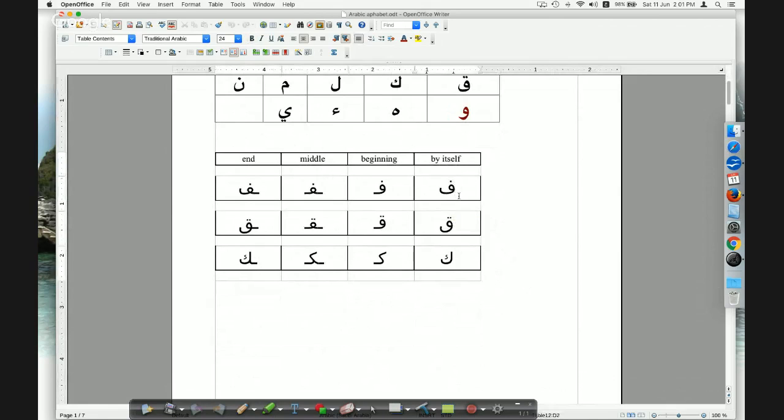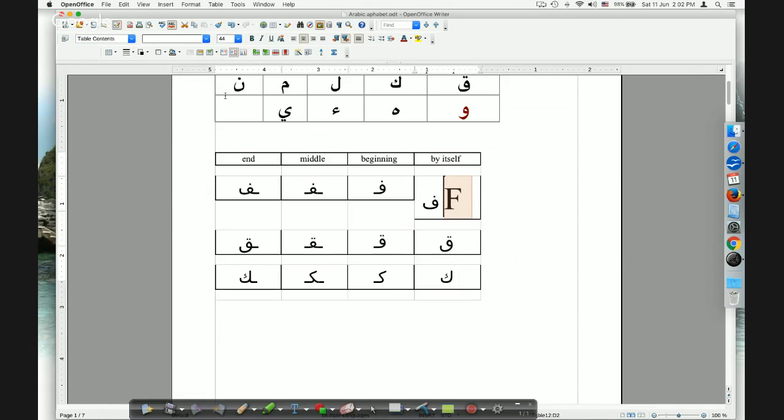The first letter is fa. Simply, letter fa is the same as when we say in English, father. Fa. Let me make it bigger. I had no choice but to share the whole screen in order to be able to see my writing on the screen.